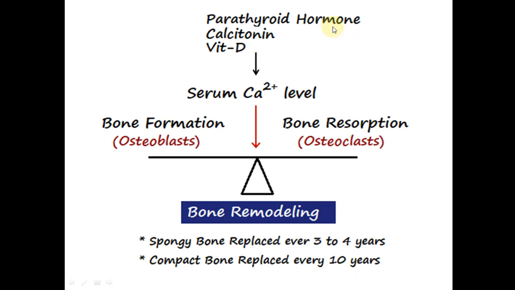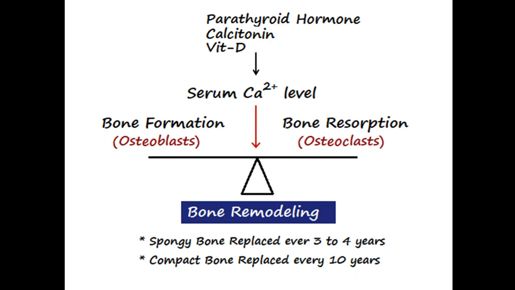The parathyroid hormone also causes hypercalcemia by increasing the reabsorption of calcium from the renal tubules and by increasing the excretion of phosphate. Calcitonin is another hormone, secreted by the parafollicular cells or C cells in the thyroid gland, and it does exactly the opposite of the parathyroid hormone. It increases bone mineralization, and in conditions with excess bone resorption, calcitonin can be used as a medication.